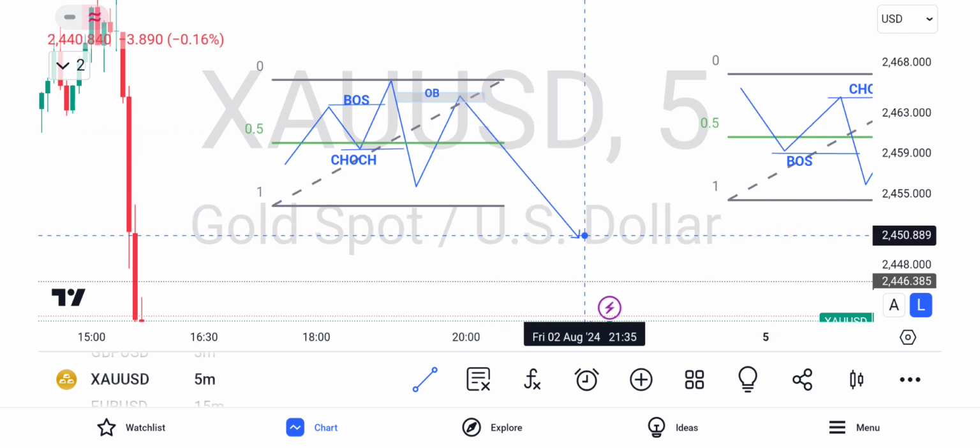Right now we're going to be diving into the chart to see for ourselves what happened in today's market, 2nd of August 2024. Let's dive in.